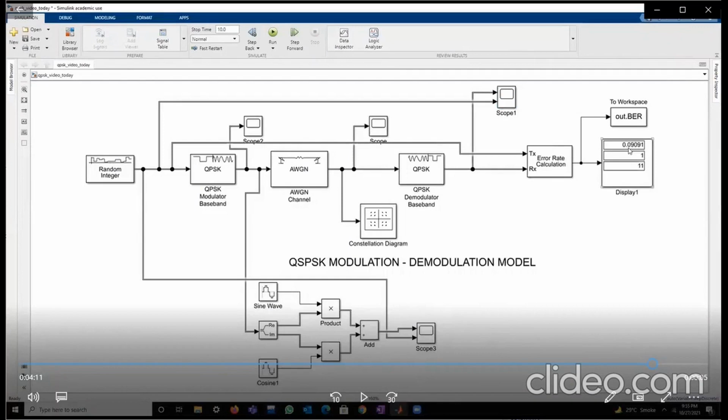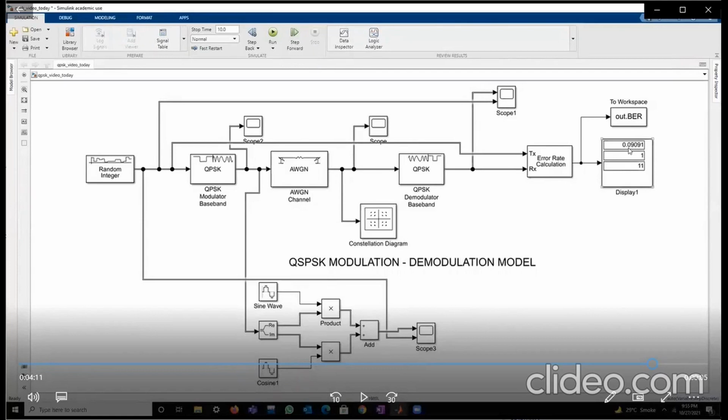Now we have changed our SNR value to 0. That is, we have reduced the SNR value. So this transmission is prone to more noise and errors might be generated during this simulation. So after simulation, we got an output wherein we received a BER, that is bit error rate, of 0.09, which tells us that some error is introduced during the simulation.